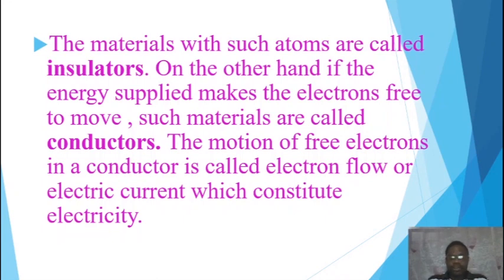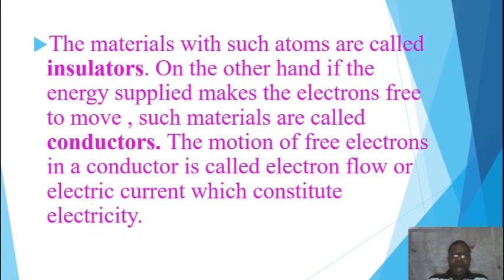So if energy is applied to a material and that energy is not able to move the electrons in that material, such materials are called insulators. Examples of insulators, we have rubber, plastic, wood, especially dry wood, and many other materials.